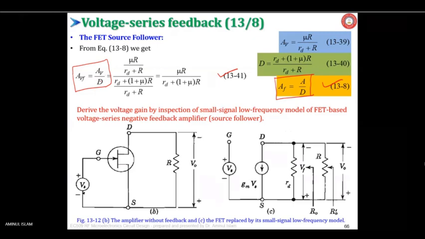Putting that value of AV and D, previously we obtained AV equals mu R by RD plus R, and D equals 1 plus mu into R divided by RD plus R. We get this expression of AVF, the voltage gain with feedback: mu R by RD plus (1 plus mu) into R. So what we understand from here is that the gain is decreasing with feedback.